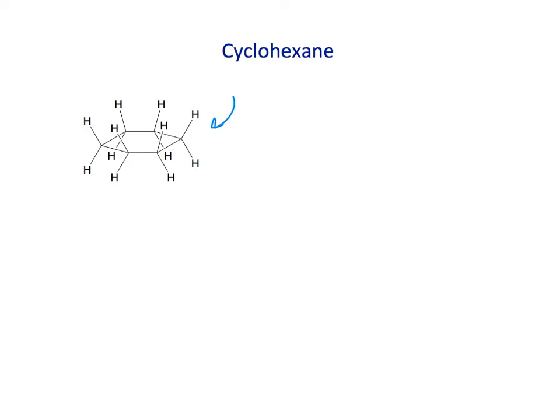However, planar cyclohexane is very unstable. Okay, so why would that be? Well, there's really two reasons. One is that if we look around this ring, we see that all of these carbon-hydrogen bonds are eclipsed.